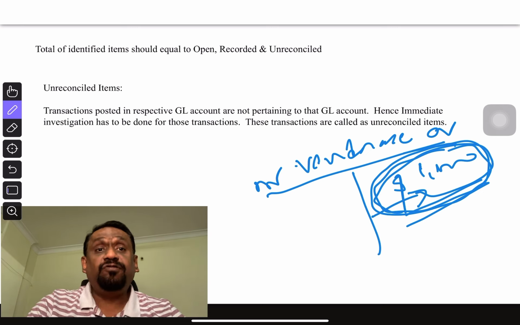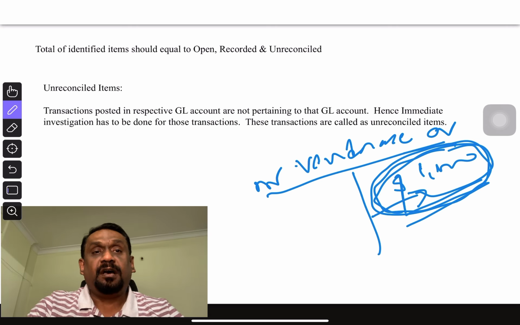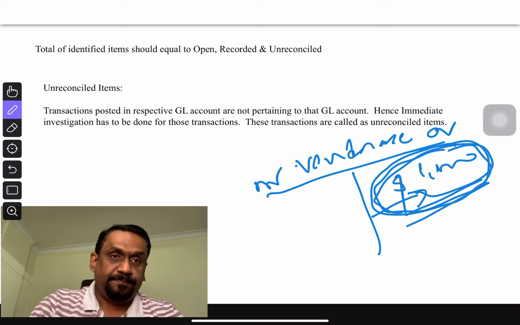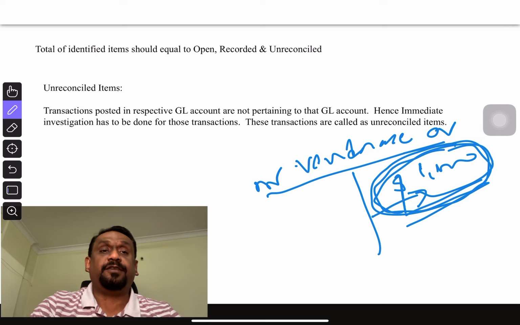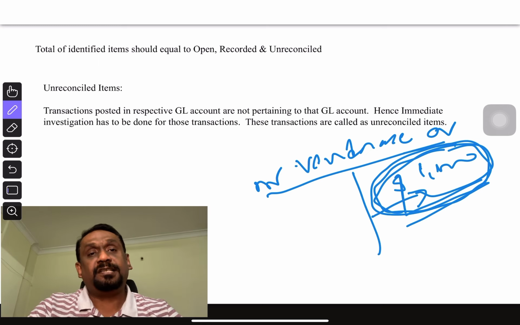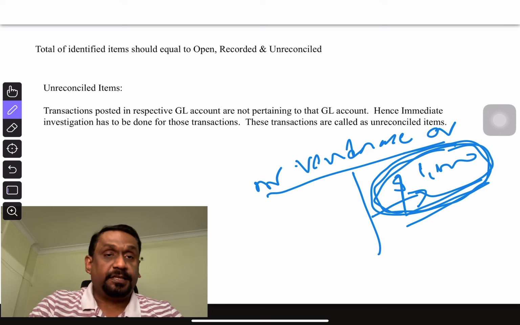Otherwise, it will lead to a suspicious or doubtful transaction in that account. So you need to start immediately investigating the transaction and rectify or identify the reason why that transaction is still continuing in that account. So these three are very, very important while preparing the reconciliations.